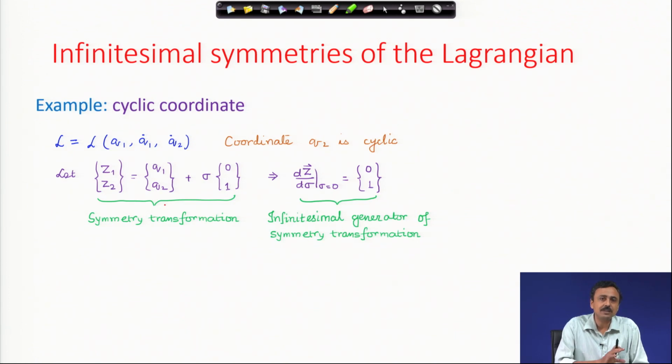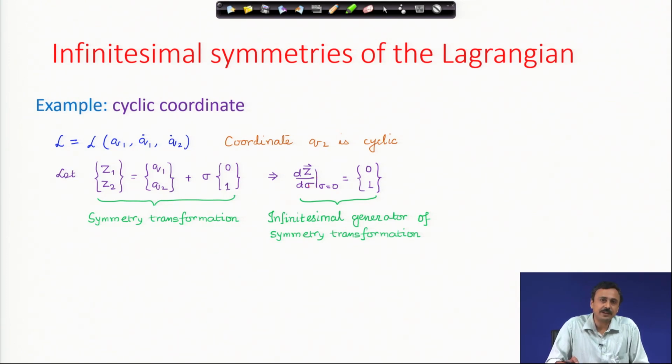If the Lagrangian is invariant under that transformation, then we start calling it the symmetry transformation. If an infinitesimal symmetry is generated, that means d L tilde d sigma at sigma equal to 0 is 0, then we say that the transformation is an infinitesimal symmetry transformation.